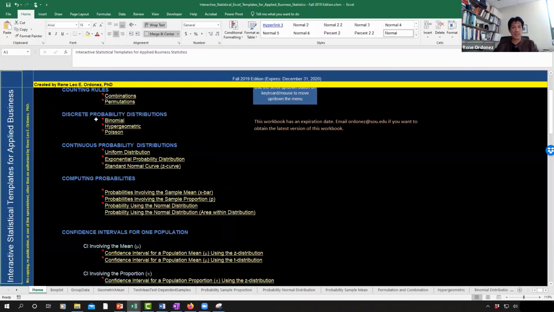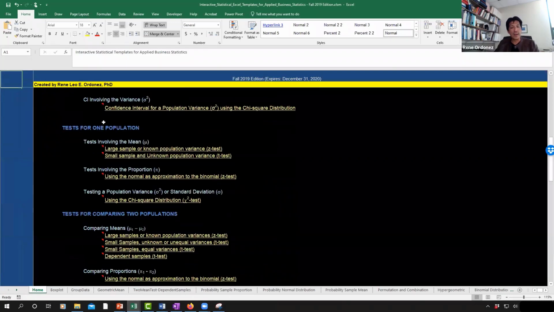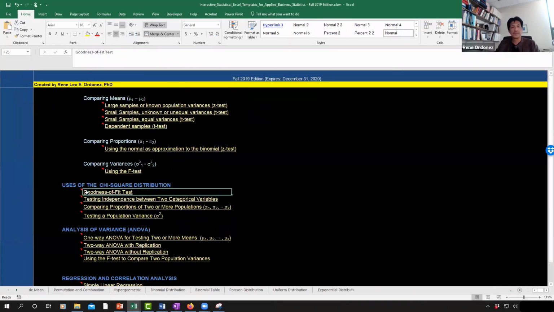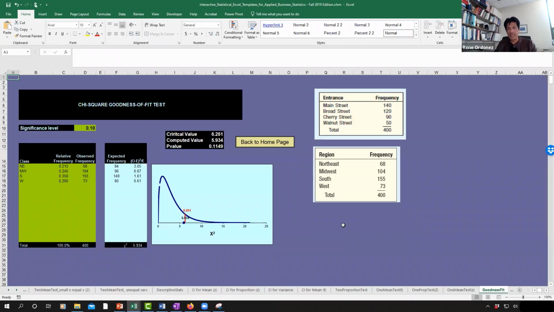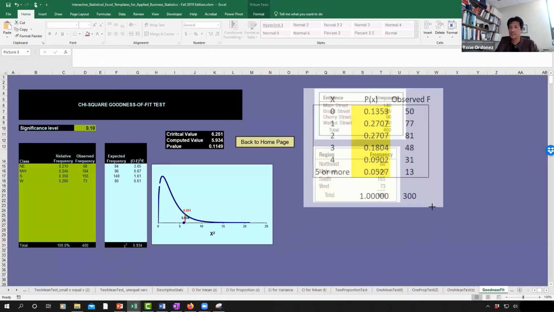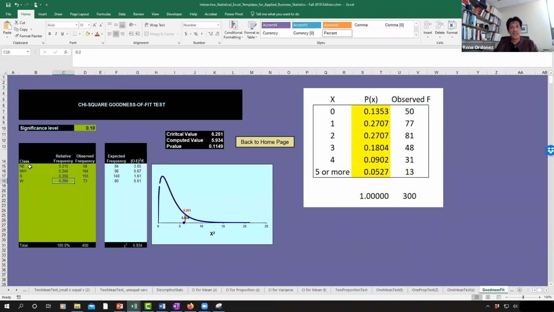We'll go back to the chi-square goodness of fit test. I'll paste that here. All right, so 0, 1, 2, 3, 4, 5 or more.